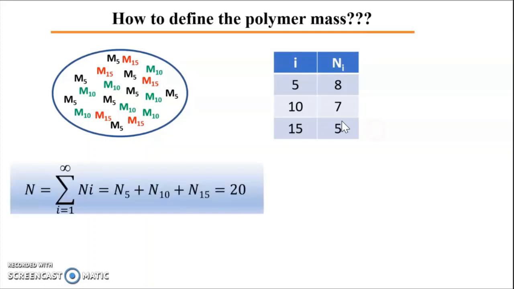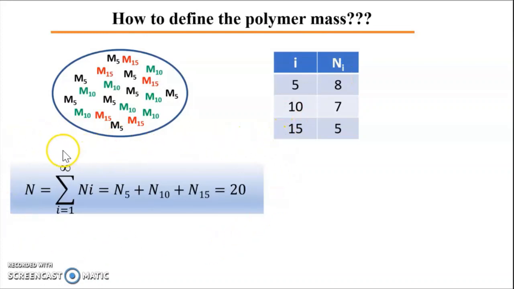So the total number of chains in this sample is N5, N10, and N15, and here N is equal to 20.